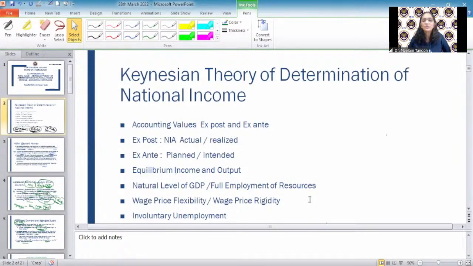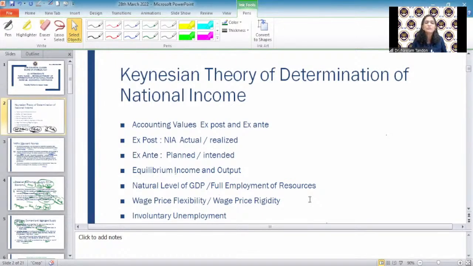What is the core difference between classical and Keynesian? Classical is about supply, aggregate supply, and price and wage are flexible. In the case of Keynesian, prices and wages are rigid. It is about aggregate demand. In the case of Keynesian, there can be equilibrium despite involuntary unemployment.